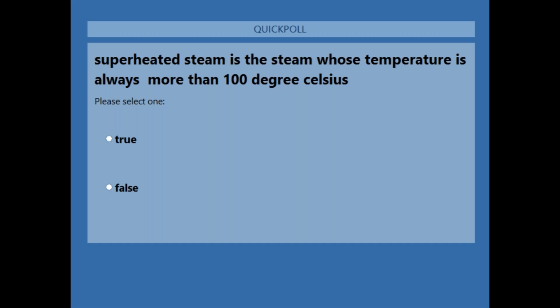The question is, what is superheated steam? So this is to check whether you understood. Superheated steam is steam whose temperature is always more than 100 degrees centigrade. Whether the statement is true or whether the statement is false.